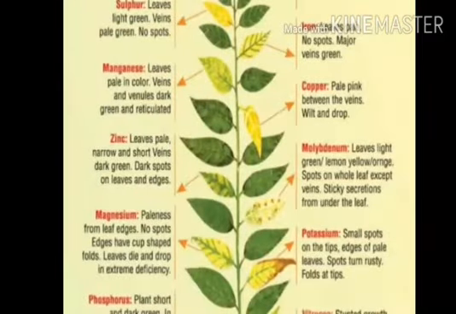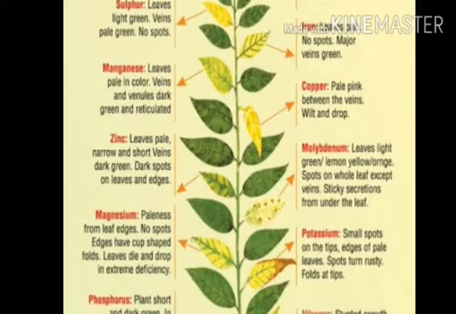Plants also need some nutrients. A small amount is called micronutrients, and a larger amount of nutrients are called macronutrients, such as carbon, nitrogen. They all come under macronutrients.